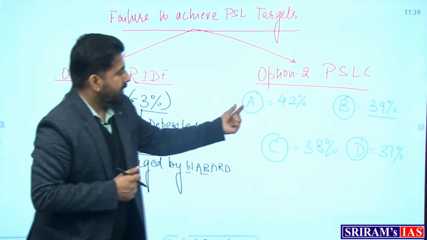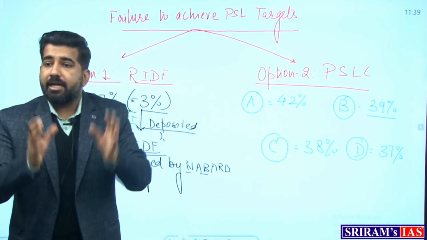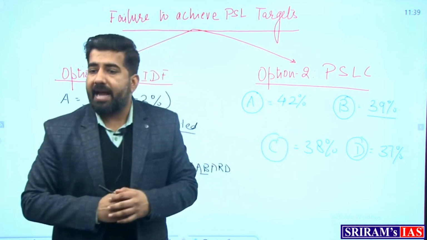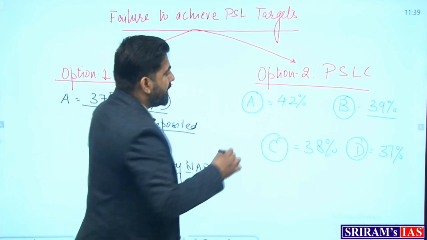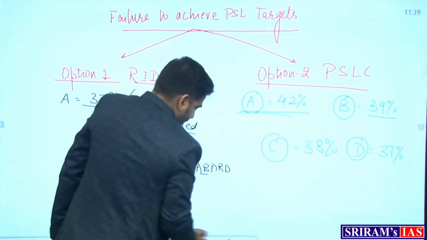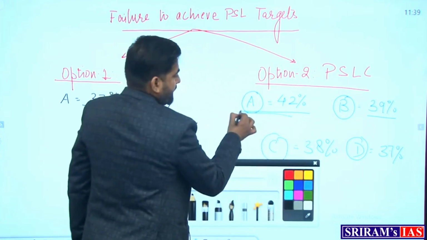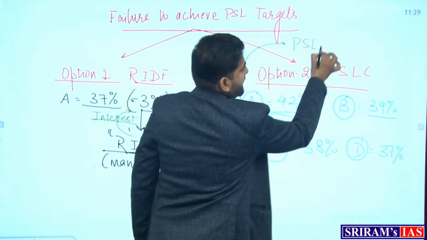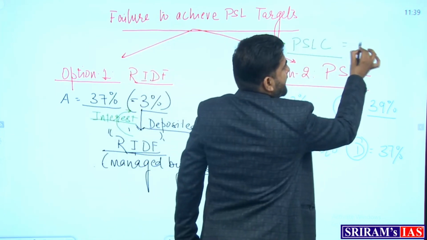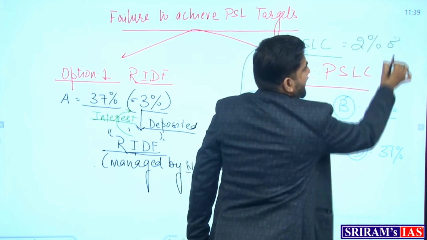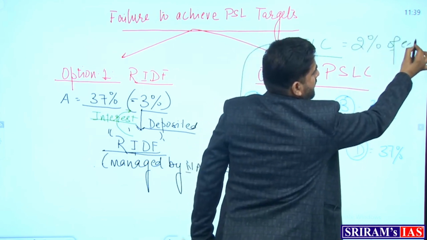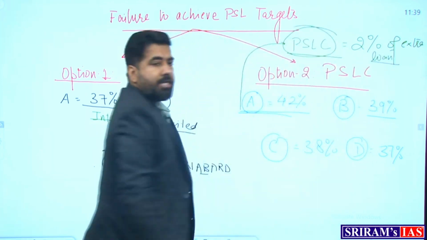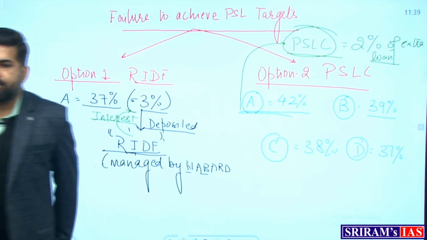What is option 2? RBI says that just because you have given an extra loan to the priority sector, you are rewarded with PSL lending certificates whose value is equal to 2% of the extra loan.